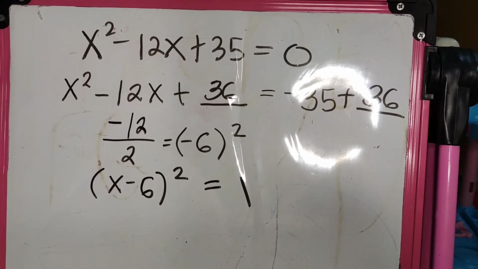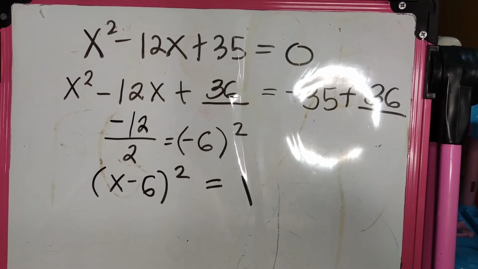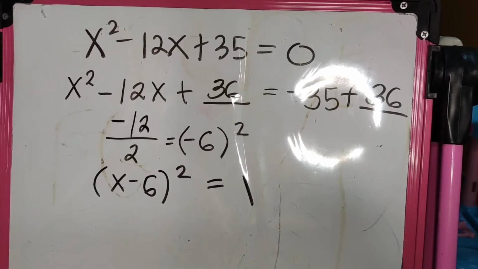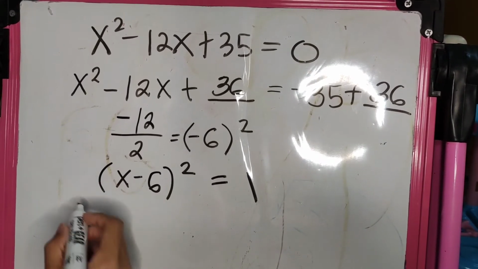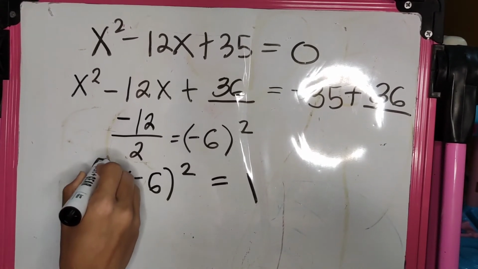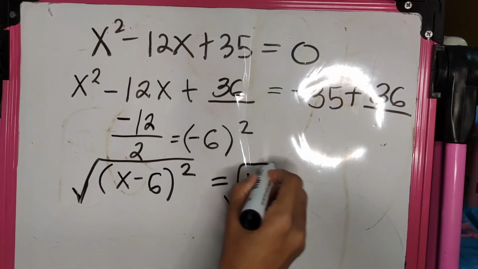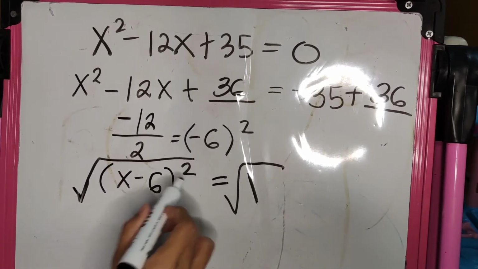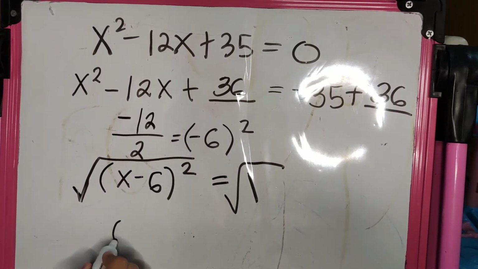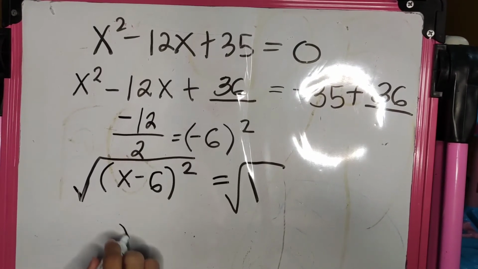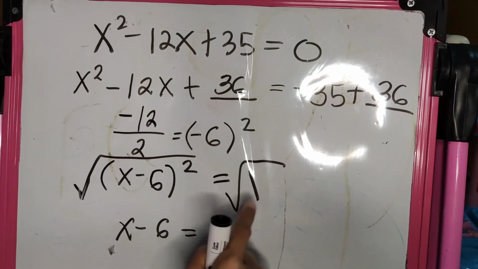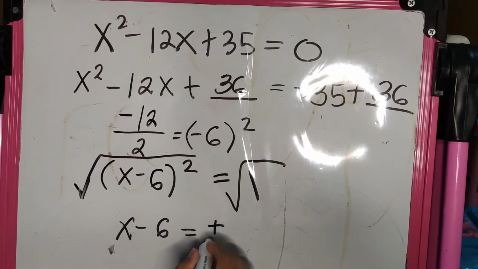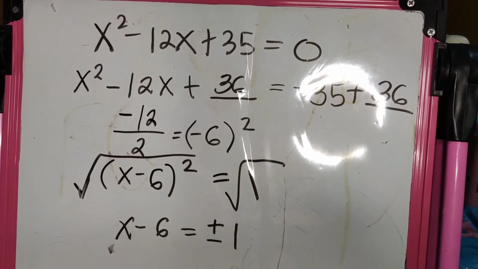This time, we can now use the square root property, which we have discussed a while ago. So x minus 6 squared is equal to 1. Taking the square root, we have x minus 6 squared, the square root is x minus 6 is equal to square root of 1 is positive negative 1.